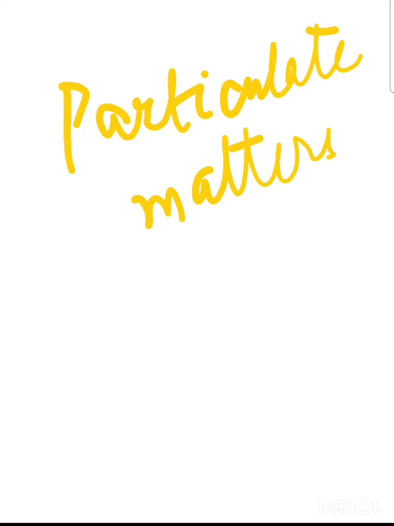It can be aerosols, smoke, fumes. These are solid and also liquid particles which are generally very small in size, and the particles larger than this are called dust and mist.